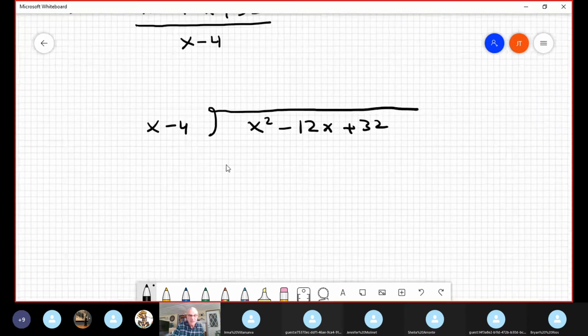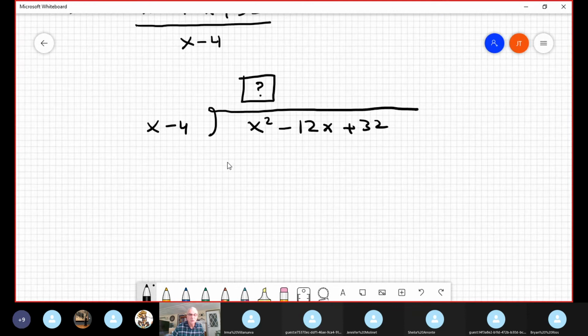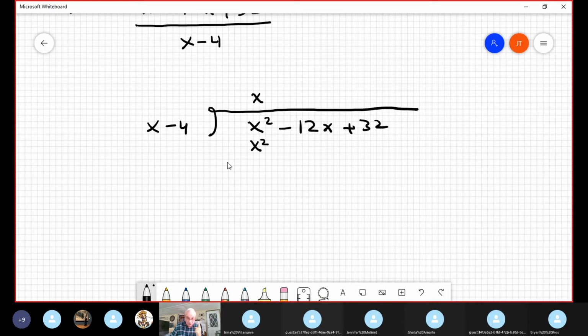To start the problem, I need one expression or number that I can multiply by this to give me x squared. What is the expression? X, very well. So I multiply mentally x times x squared, and I put it here in the same column of the x squared.